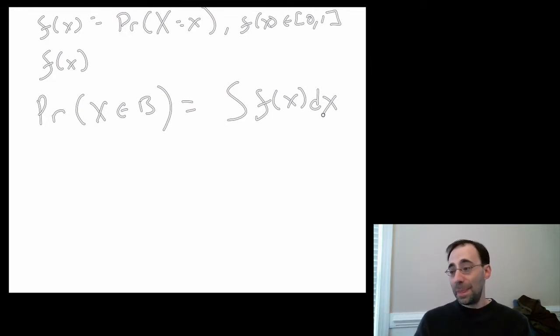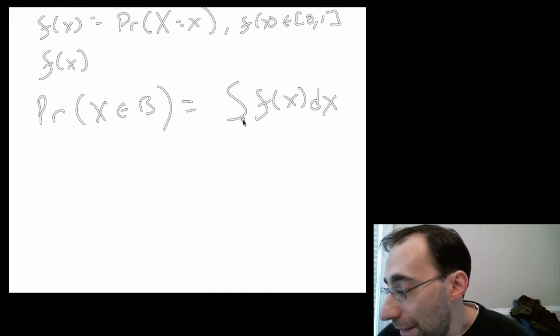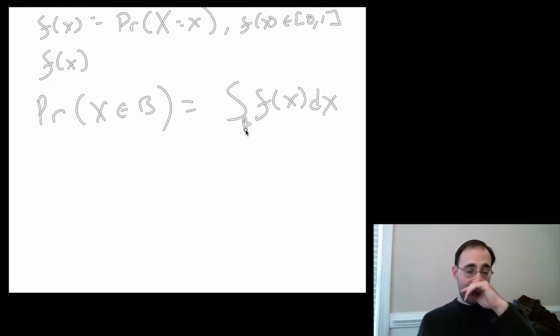It's the integral of the probability distribution function. The dx there tells you the variable of integration. And the bounds of the integral, because it's a definite integral, are going to be given by B. B is just some domain that is the support of the distribution. In most concrete examples we're going to do, this will actually be just a segment of the real line.